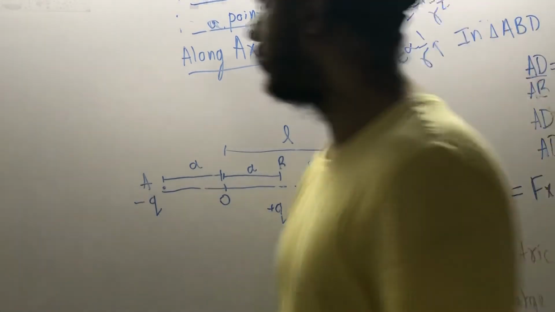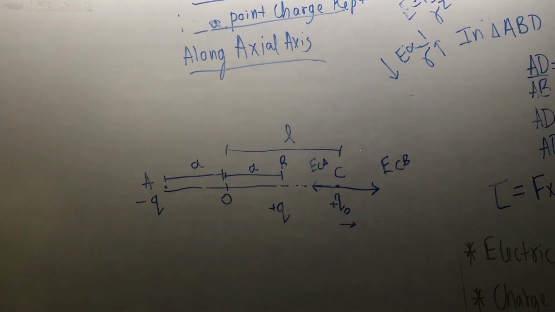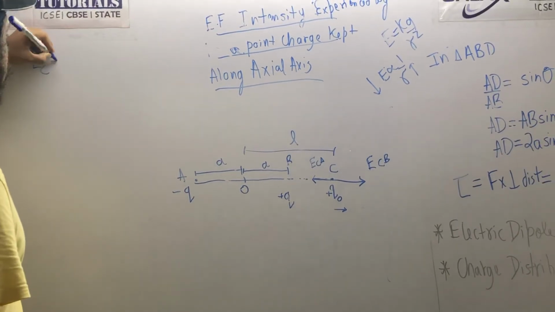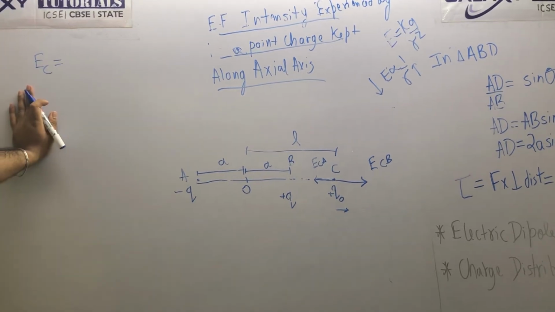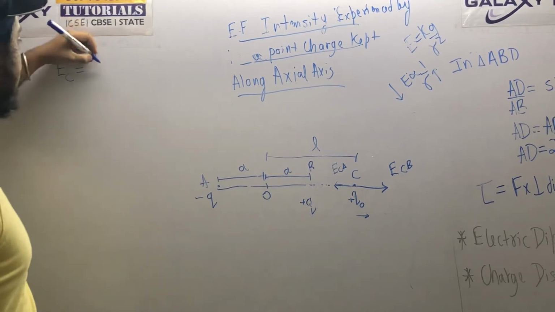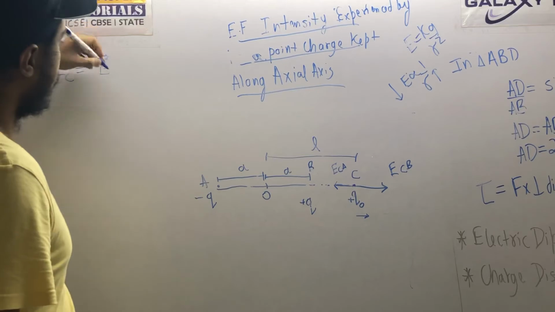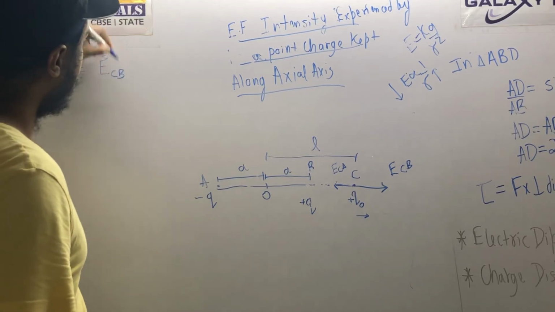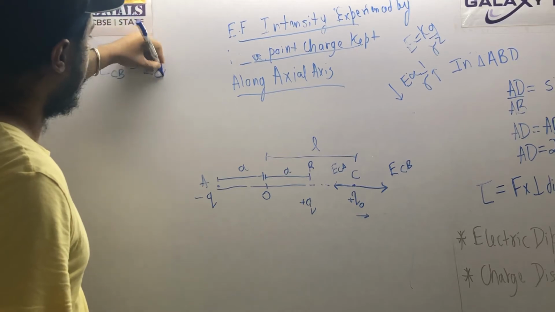First of all, I will write here EC. EC means electric field intensity experienced by charge kept at point C. It will be equal to ECB minus ECA.